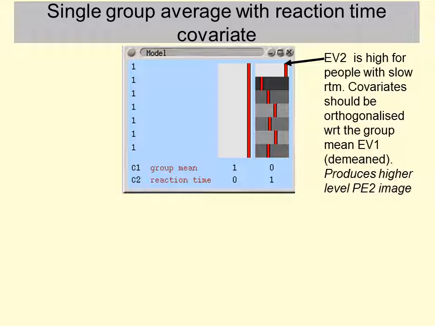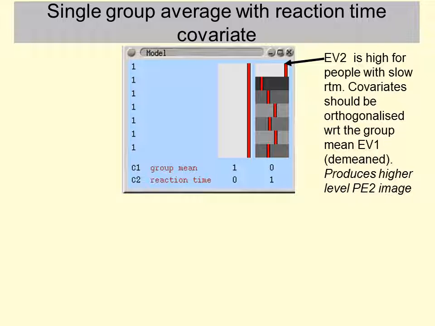So here our group mean will give average activation for the task across participants, but this contrast on the reaction time will highlight voxels that are particularly active in people who are slower to respond in the task.